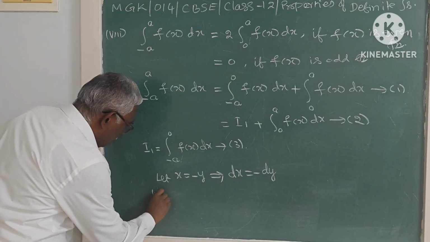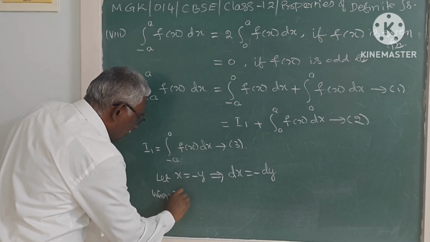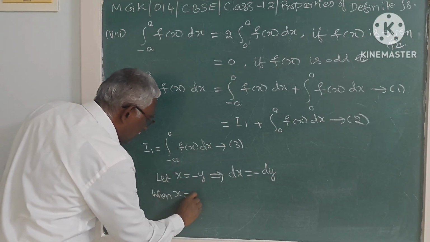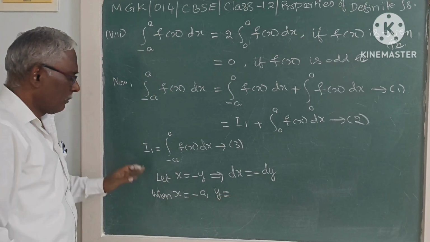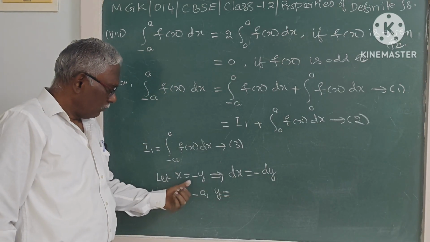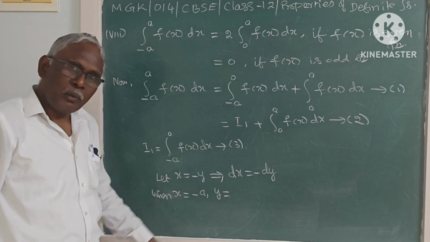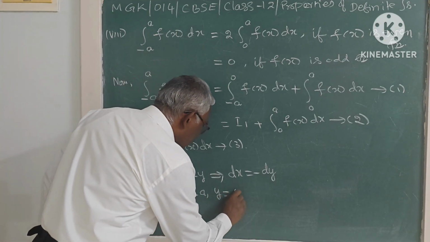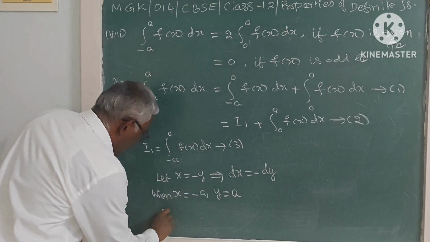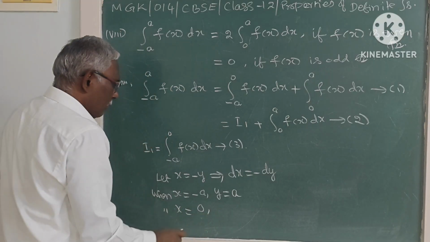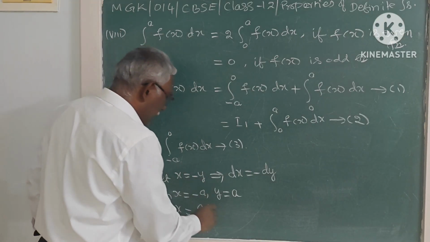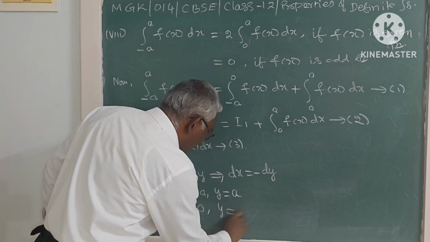When x is minus a, y is equal to minus of minus a, so y becomes a. When x is 0, y also becomes 0.